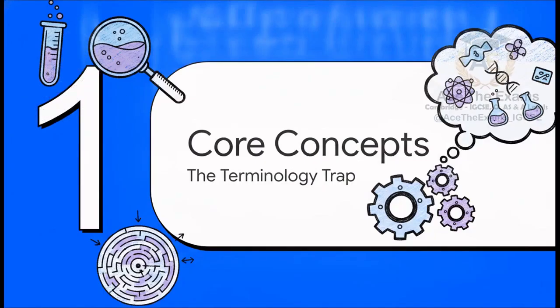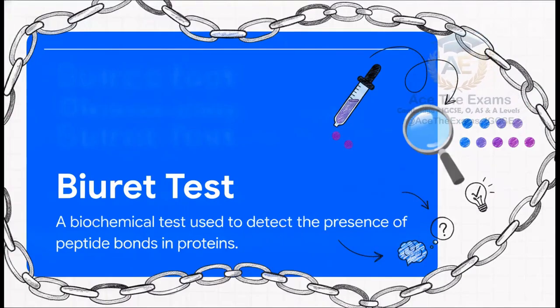All right, let's dive into Section 1, Core Concepts, and what I call the terminology trap. So the theoretical architecture of the Biuret test doesn't just rely on knowing the steps of the experiment, it rests entirely on precise definitions. The Biuret test is a biochemical test used to detect the presence of peptide bonds in proteins. I want to highlight that.